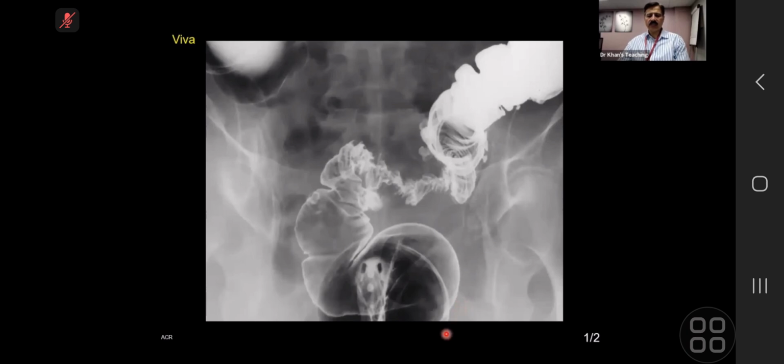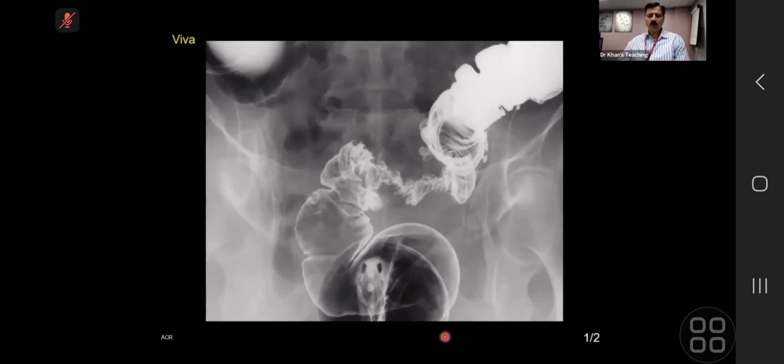So there must be some genetics and there might be some dietary factors. And that is why for your exam, it's one of the most important films, diverticular disease and its complications. So when there are diverticuli, there can be diverticular stricture.